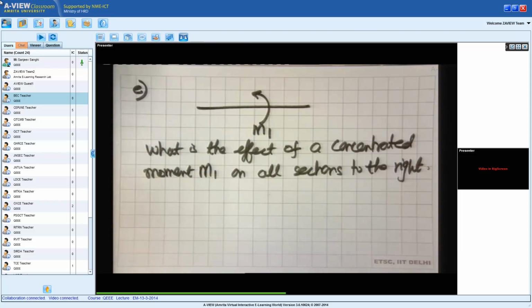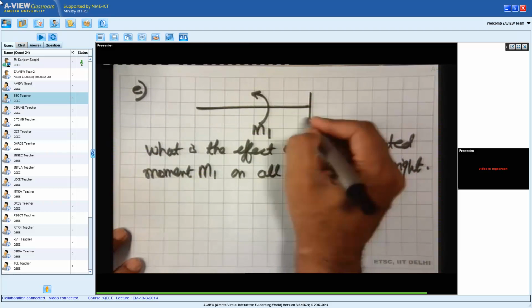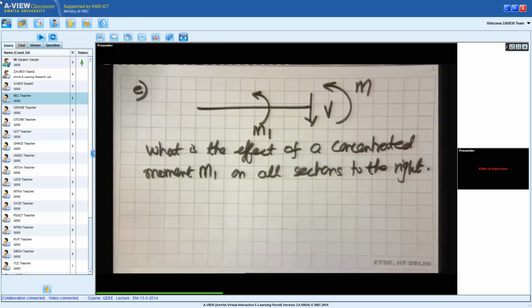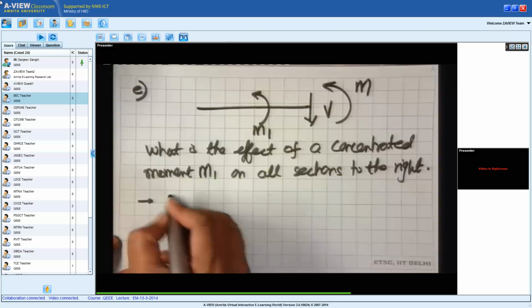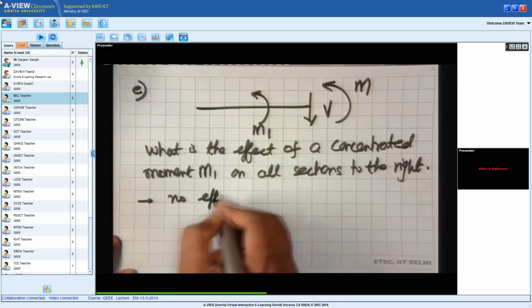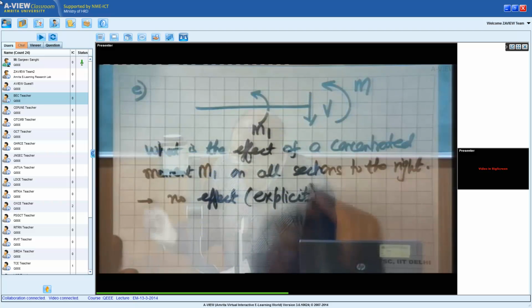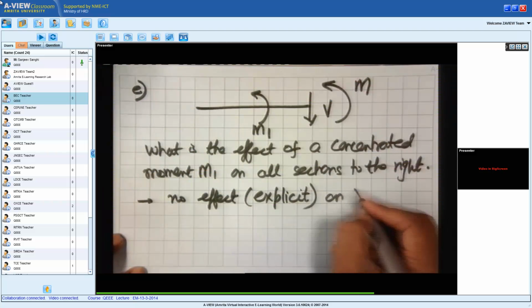On all sections after we cross, what is the effect of moment M1? So now we have V and we have M. Now first what we see is it has no explicit effect on V.